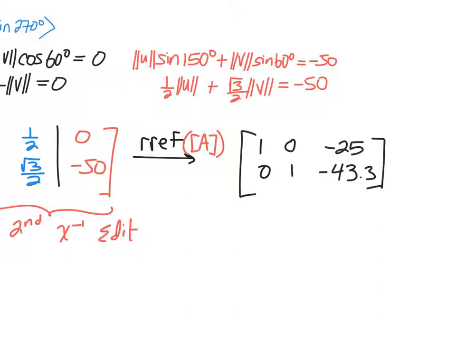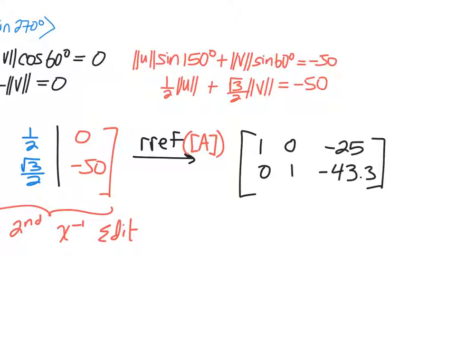So now we have that, and we just have to think about what it means. I started off with -√3/2 magnitude of u, 1/2 magnitude of v. Those served as the coefficients of whatever our system was. That made up our entire first row. The coefficients of our second equation made up our entire second row.